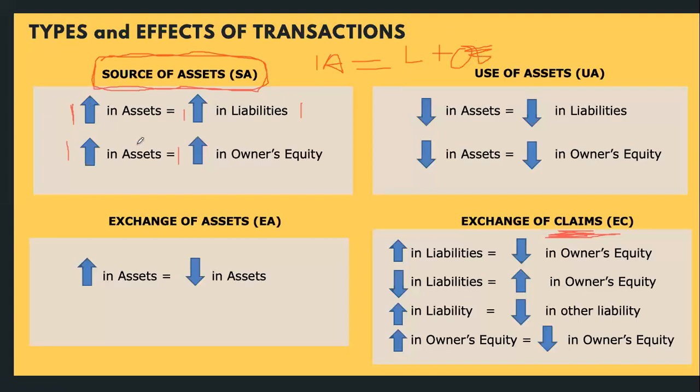So, if this is the effect of the transaction, an increase in asset and an increase in liabilities, or an increase in asset and an increase in owner's equity, therefore, the type of transaction is called source of assets. You gained an asset, your asset increased. Okay. So, the second type of transaction is use of asset. Same example as source of asset.